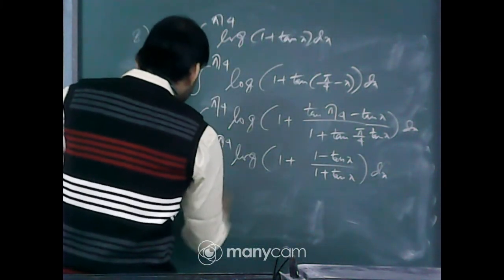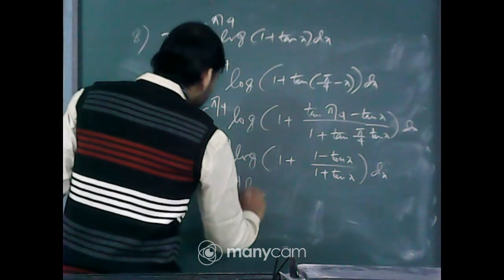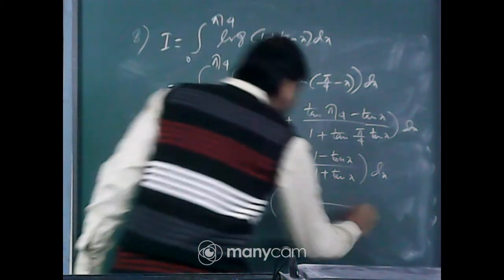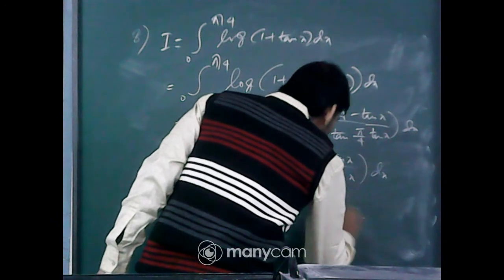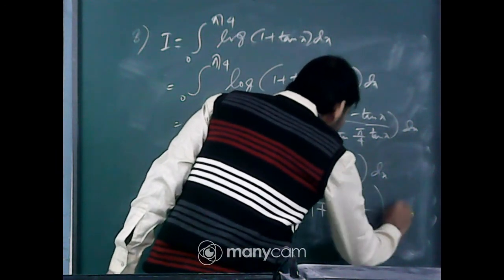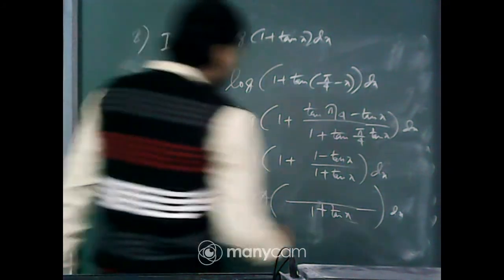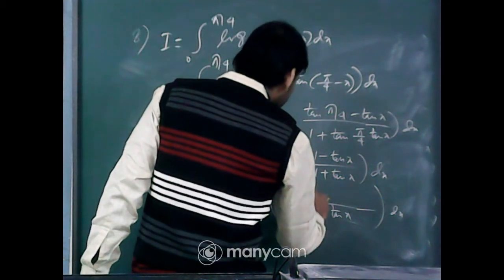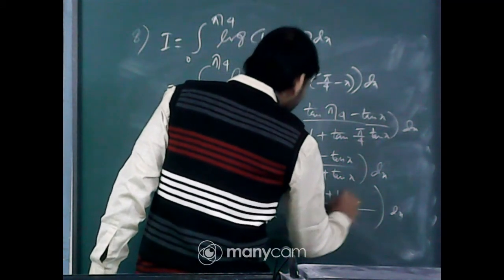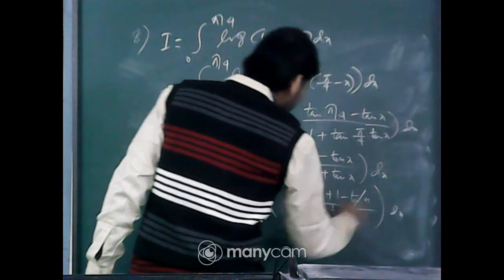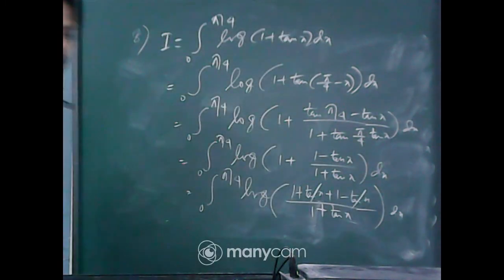That means 0 to pi by 4 log of 1 plus tan x is the denominator. In the numerator, it will be 1 plus tan x plus 1 minus tan x. So tan x will be cancelled out here. Okay?